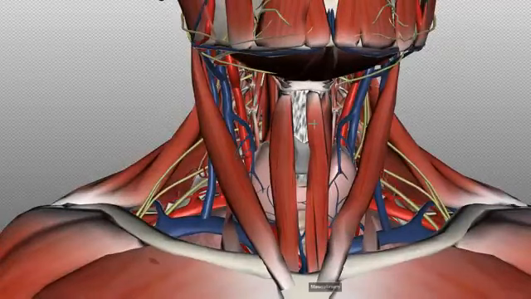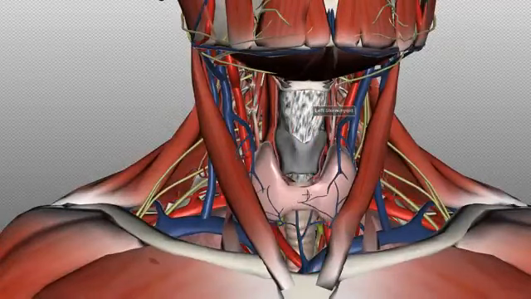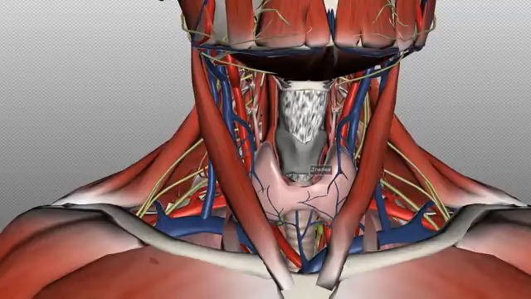Below the strap muscles, we've got the thyroid gland, we've got the larynx here, and the trachea, and we've also got the parathyroid glands behind the thyroid. And then also you've got these vessels which obviously run in the anterior triangle.